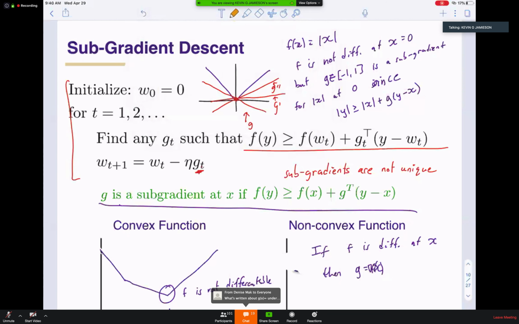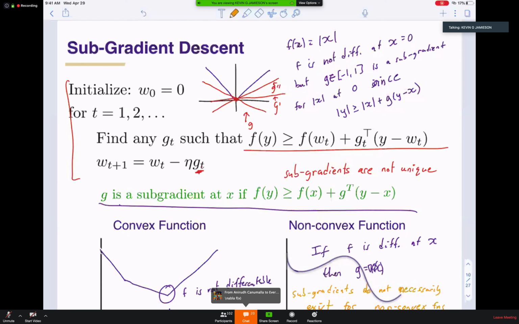The final thing I just want to say is that for non-convex functions, subgradients do not necessarily exist. And this is pretty immediate from the definition, right?